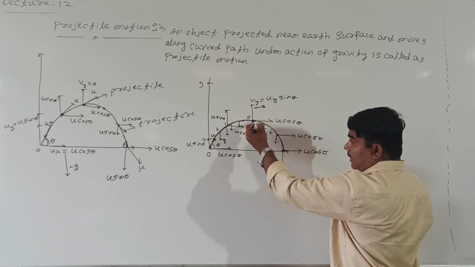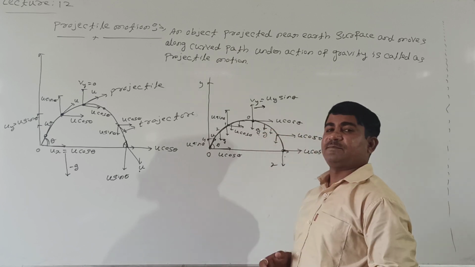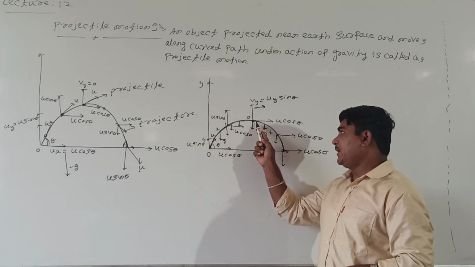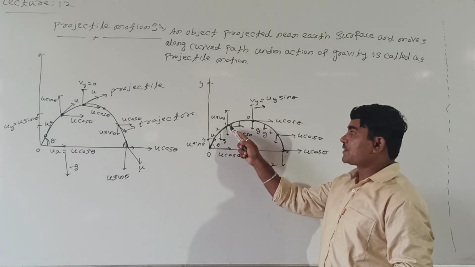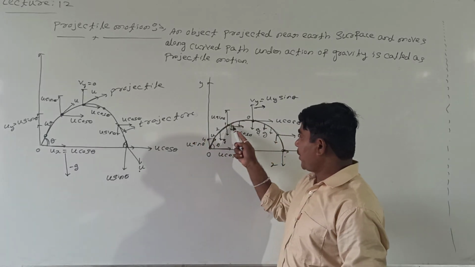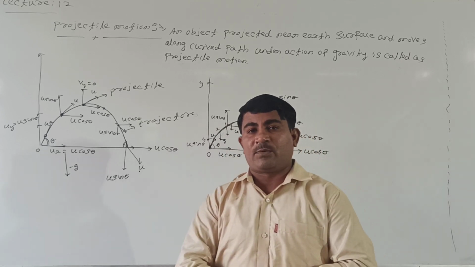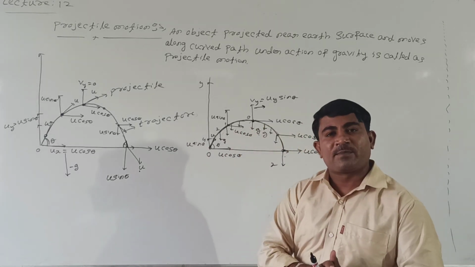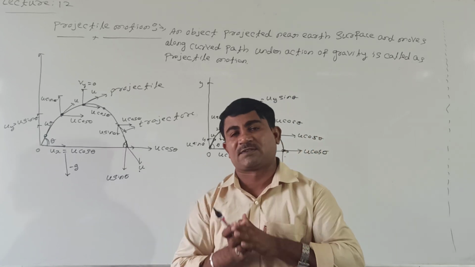In this case, the vertical component of the velocity increases because g helps to increase the velocity. When the projectile goes from this point to this point, the vertical component increases, and from this point to this point, it decreases, because acceleration due to gravity opposes the vertical component of the velocity. From the highest point to the ground, it increases because acceleration due to gravity helps to increase that velocity.